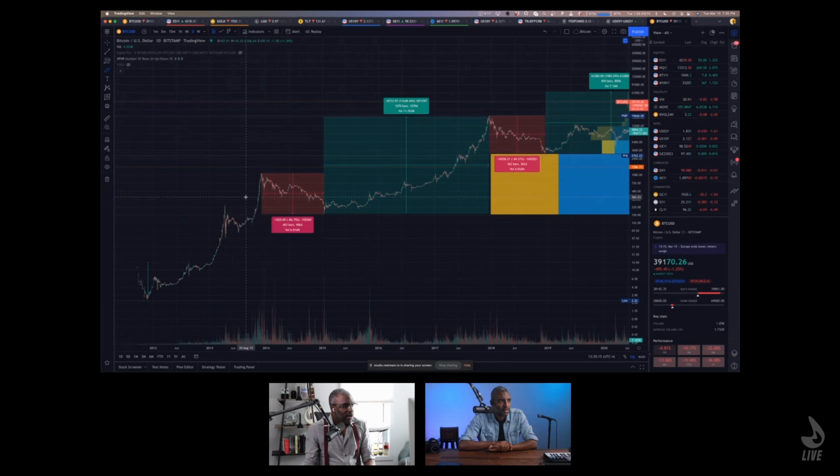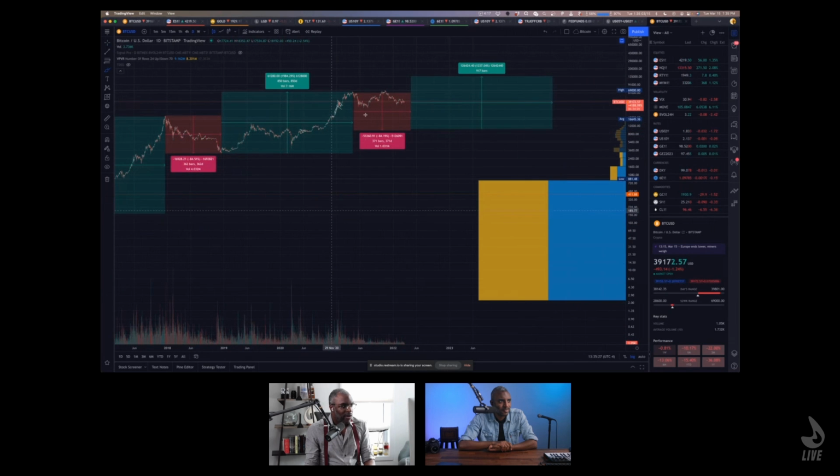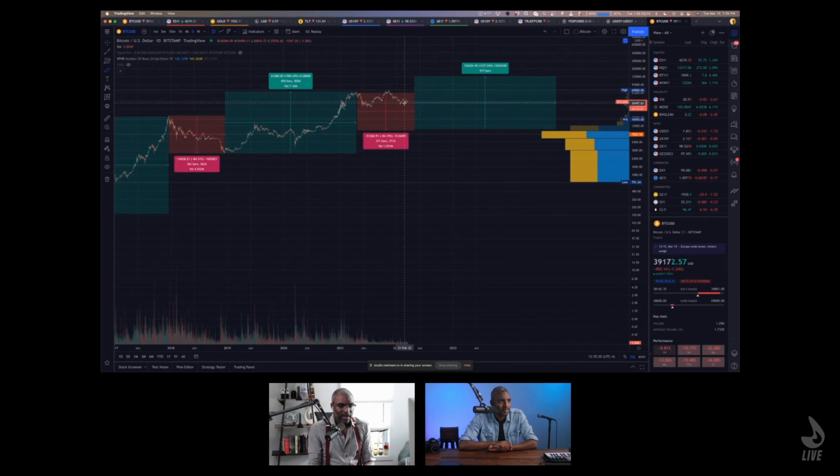If you thought the midpoint here was the bottom, you were wrong. That would suggest that there's far more bottom coming right now. In fact, that and the stock market.